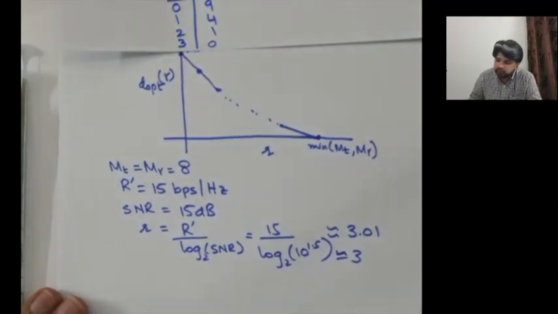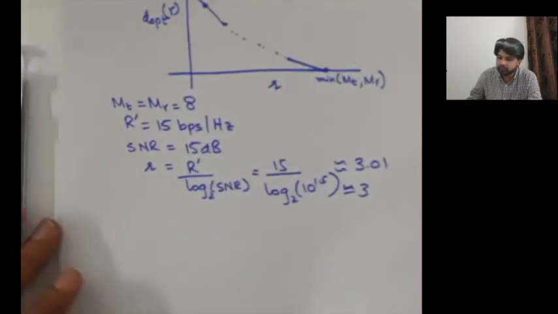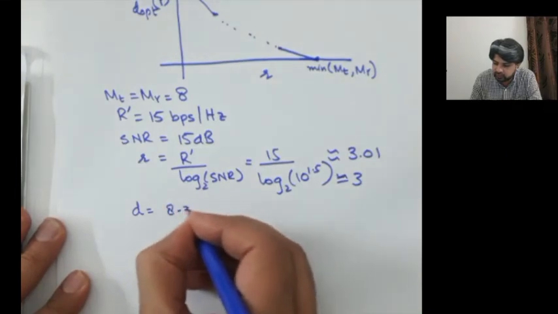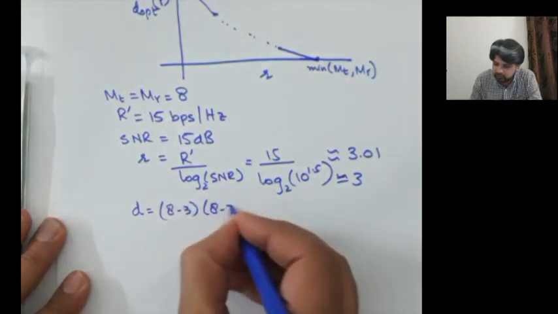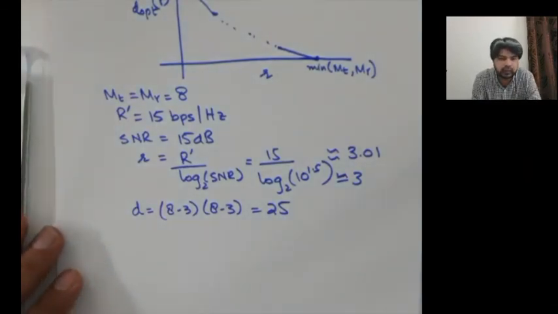So in other words, you can use three antennas at the transmitting end and three antennas at the receiving end for the multiplexing, and then the rest of the dimensions, that means your D would be equal to 8 minus 3 times 8 minus 3. And the rest of the 25 other dimensions can be used for diversity.